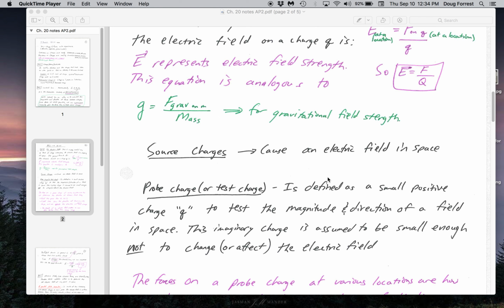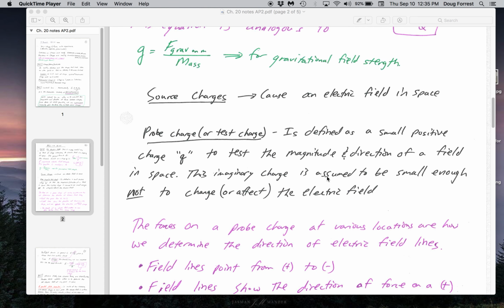It is defined as a small positive charge, called little q, to test the magnitude and direction of a field. So it's imaginary, and it's assumed to be small enough that the test charge would not change or affect the electric field caused by the source charges.